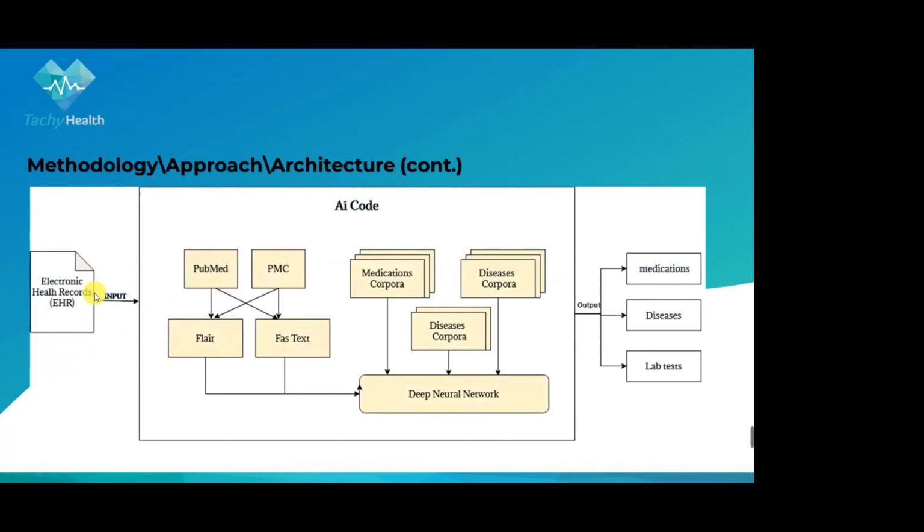So this is the main architecture. We have the electronic health document record as input, and we have an output of indications, diseases, and lab tests. Inside is the engine of our model, whose brain is the deep neural networks.